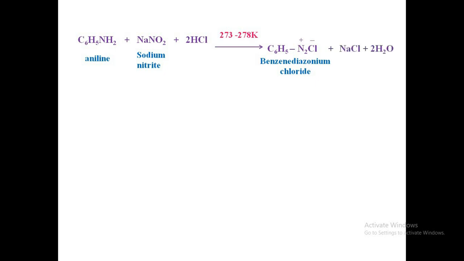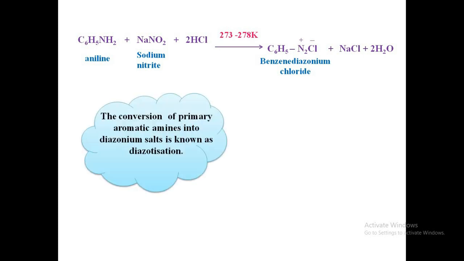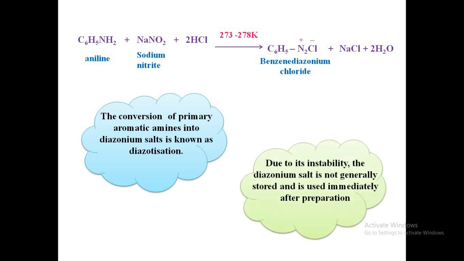The conversion of primary aromatic amines into diazonium salts is known as diazotization reaction. Due to its instability, the diazonium salt is not generally stored and is used immediately after its preparation.